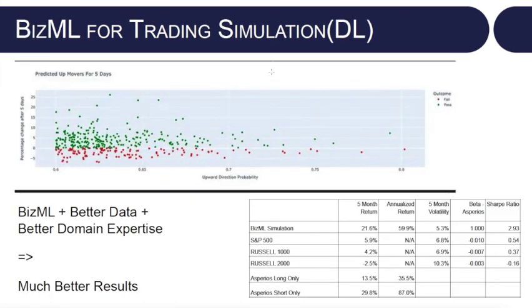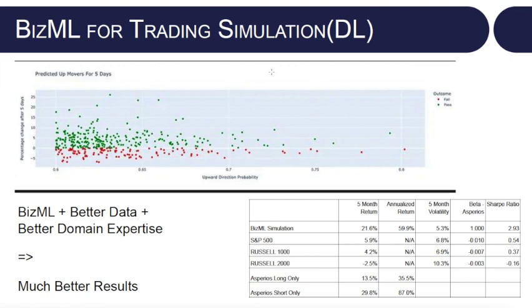We initially started working on BizML when a couple of potential investors asked us if we could do predictive analytics, specifically predict stock prices. We knew it would be a challenge, but we wanted to do it because we were developing dashboards for trading at that point in time.